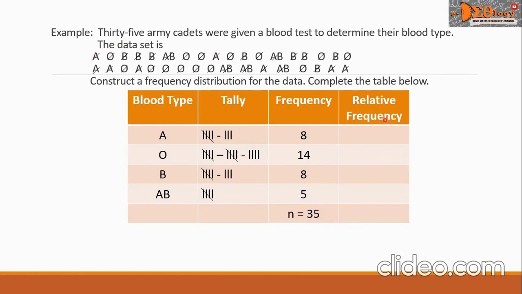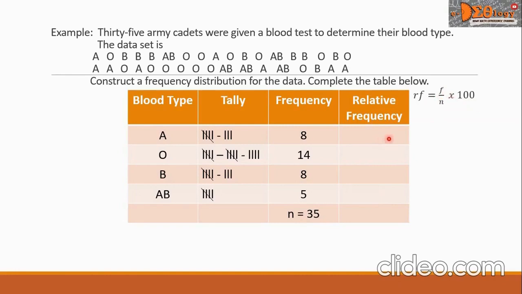The next is, let us fill in the relative frequency column. The formula is given here. RF, that stands for relative frequency, equals F, that is the frequency, over N, that is the total of the frequencies, times 100.